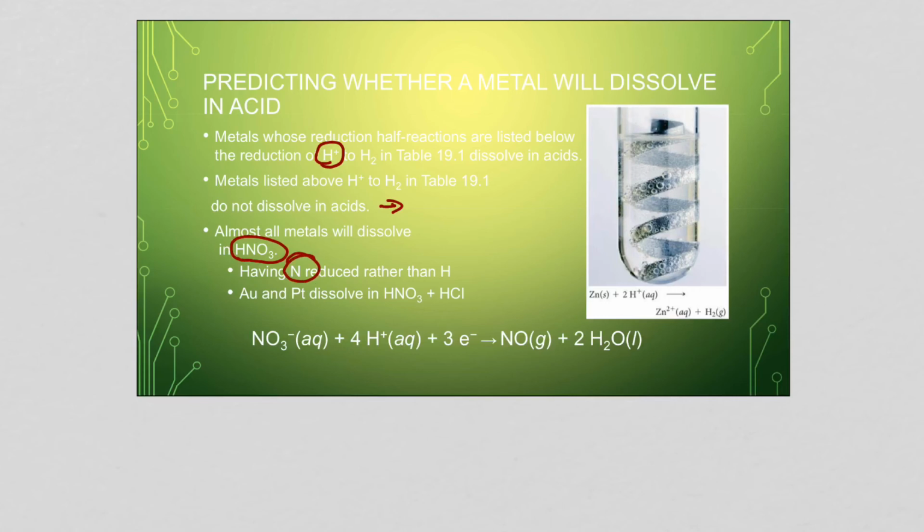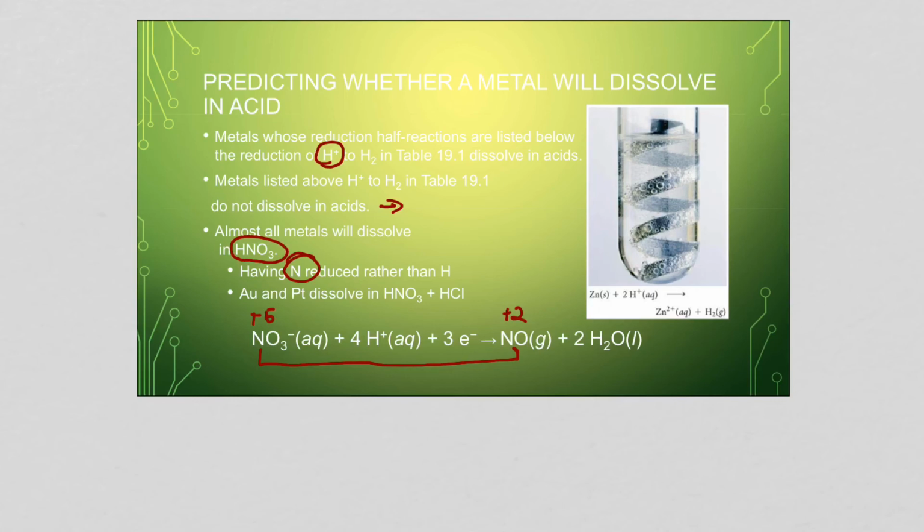And so we have the reduction of nitrogen from NO3 to NO. Nitrogen here is a positive 5 oxidation state, and here it's a positive 2 oxidation state. And so we see the reduction of the nitrogen.